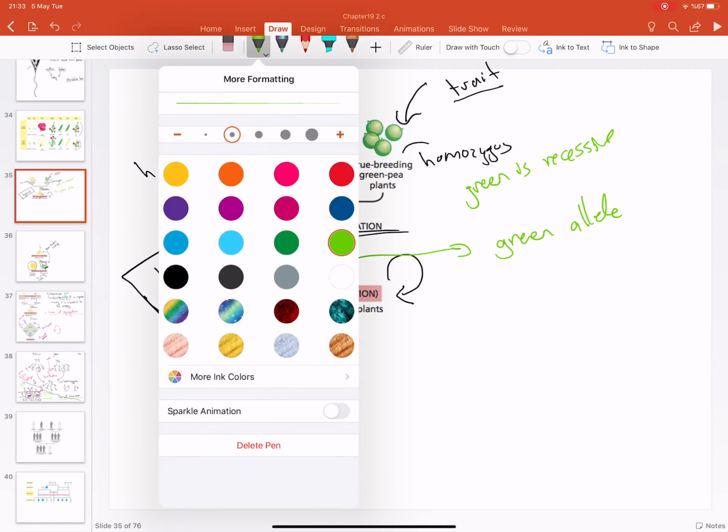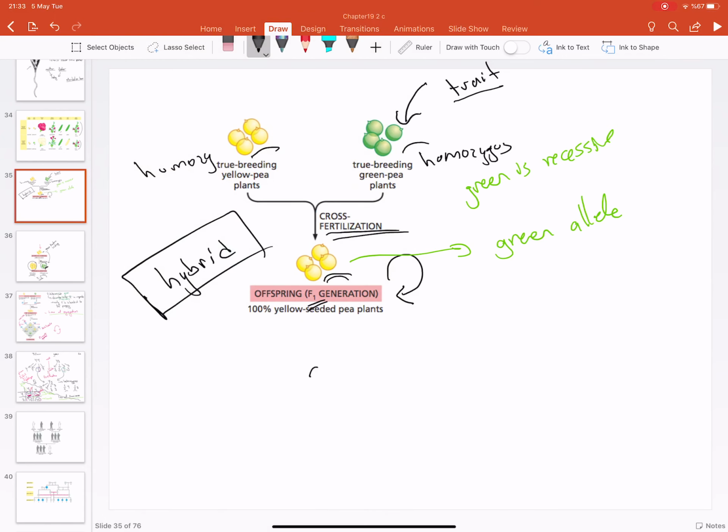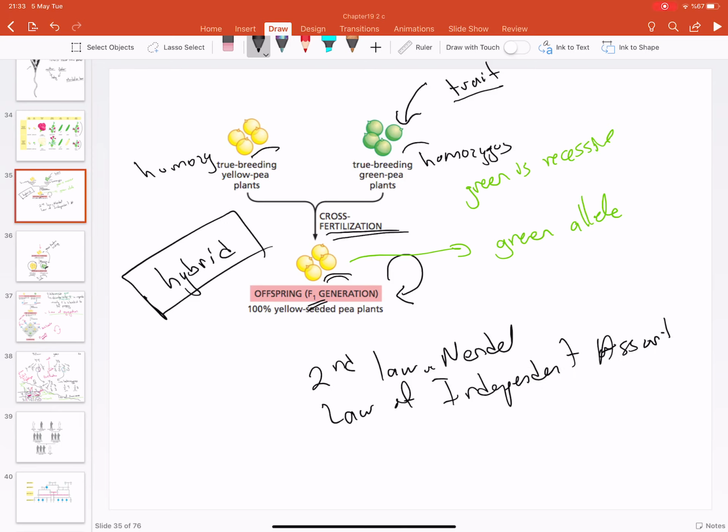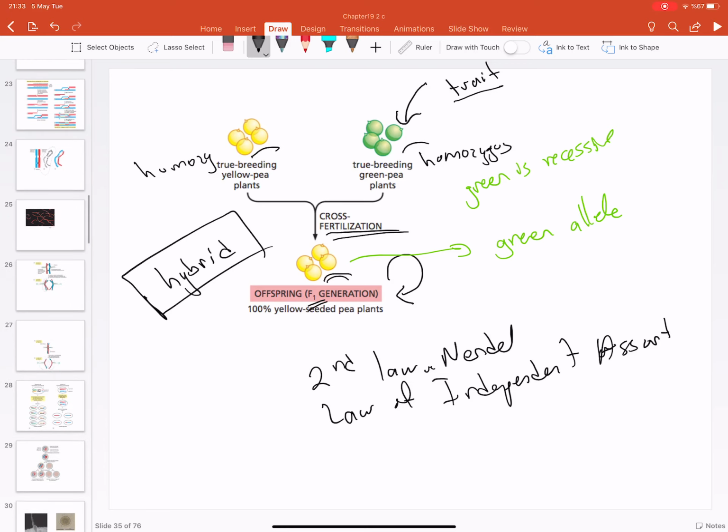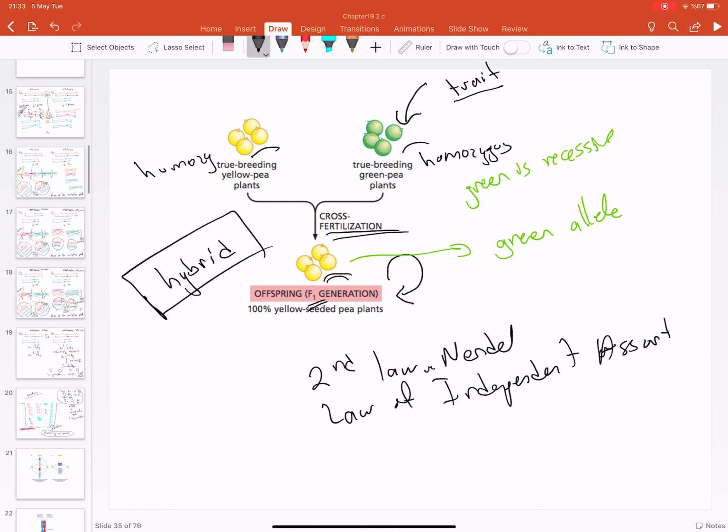Okay. So before we finish, the second law of Mendel, the law of independent assortment. And so many of you did it wrong in your lab reports when we were working with Drosophila. So we should go back and check our alleles.